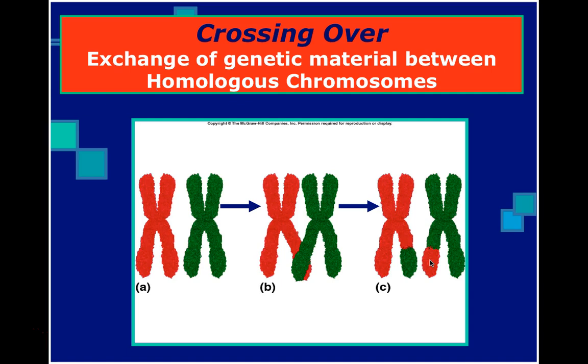All this does is give a little bit of mom's genes on dad's chromosome and a little bit of dad's genes on mom's chromosome. But remember, because they're homologous chromosomes, they carry the same genes in the same spot. So maybe this is the gene for eye color and mom has blue eyes and dad has green eyes, and you've just switched the color of the eye for whatever chromosome would get chosen at the end.